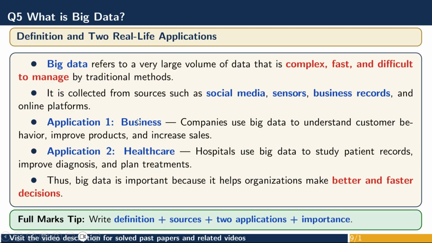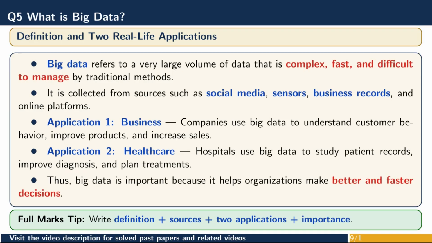Big data refers to a very large volume of data that is complex, fast, and difficult to manage by traditional methods. It is collected from sources such as social media, sensors, business records, and online platforms.